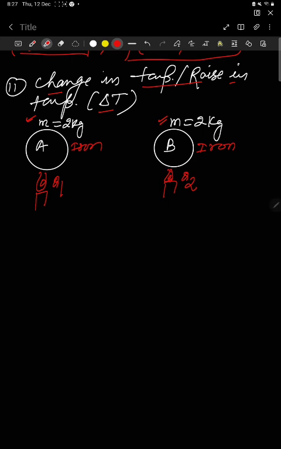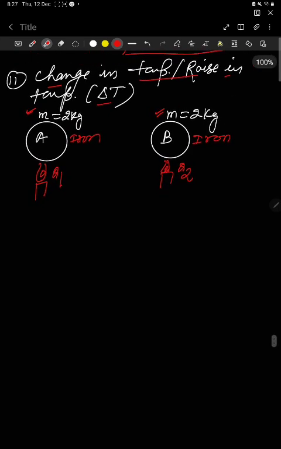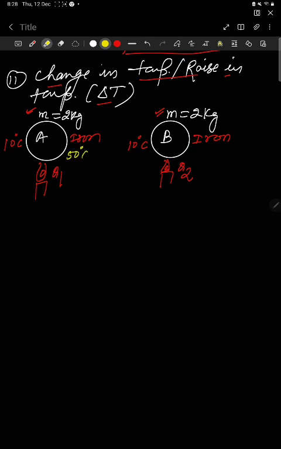Now this ball has initial temperature 10 degrees Celsius, and this ball also has initial temperature 10 degrees Celsius, and suppose I have to increase ball A's temperature up to 50 degrees Celsius, and here we have to increase its temperature up to 100 degrees Celsius. So in this case tell me the change in temperature.